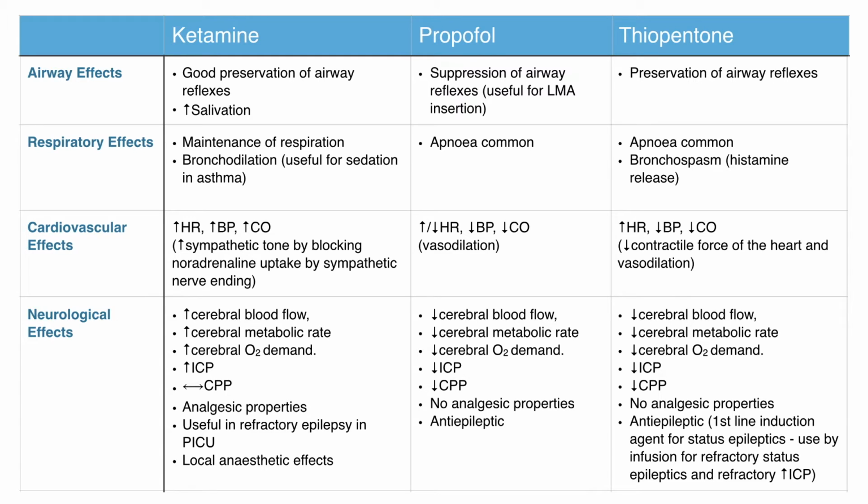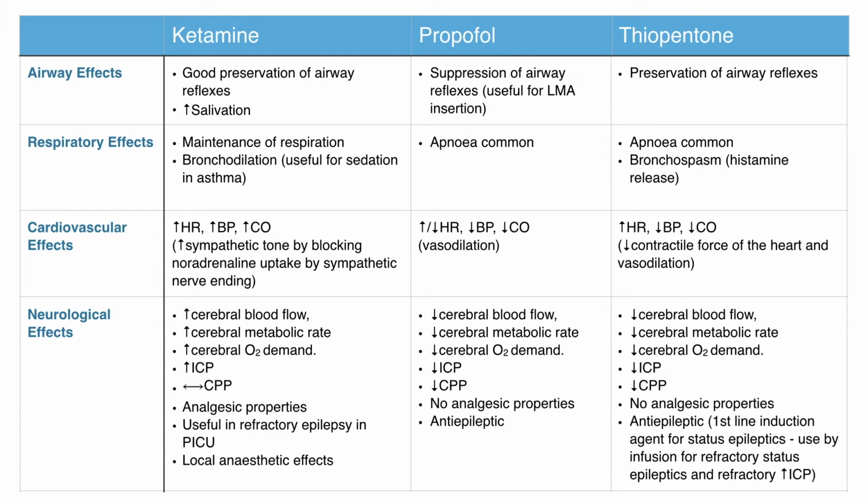noradrenaline infusion, allowing a continuous infusion of thiopentone to be used to help control refractory high intracranial pressure in children following traumatic brain injury. Looking at the other neurological effects of these drugs, ketamine has analgesic effects, whereas the other two agents, propofol and thiopentone, don't have any analgesic effects.